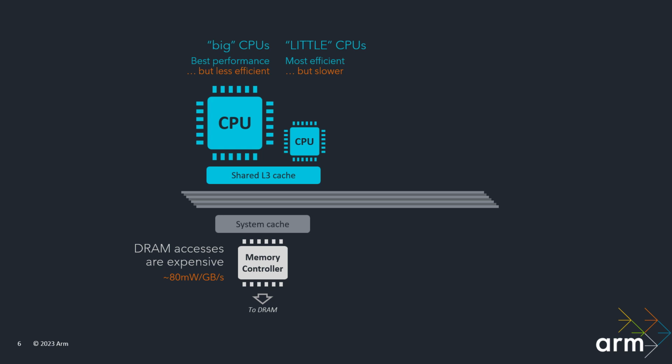So if you're pushing 10 gigabytes per second of traffic, then you're going to spend 800 milliwatts to 1 watt roughly on your memory power. 10 gigabytes per second sounds like a lot, but if you're trying to run content at 90 FPS, which the latest phones support, then that's only going to give you just over 100 megabytes per frame. And that's really not very much. You can burn through 100 megabytes very easily, especially if you're not following best practice.